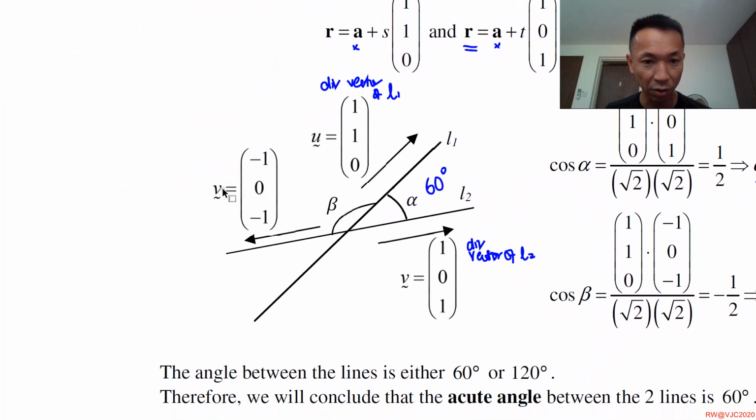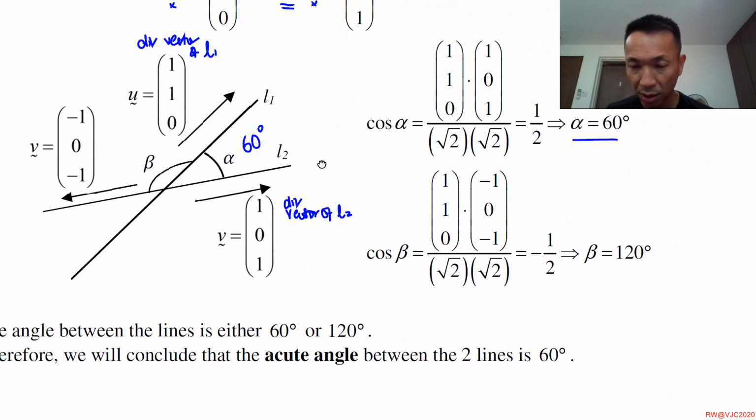If you look here very closely, I would have -1, 0, 1. Because 1, 0, 1 is in this direction, then -1, 0, 1 is in the opposite direction. So now if I take 1, 0, 1 dot -1, 0, -1, I realize that I get cosine beta, another angle, equals -half.